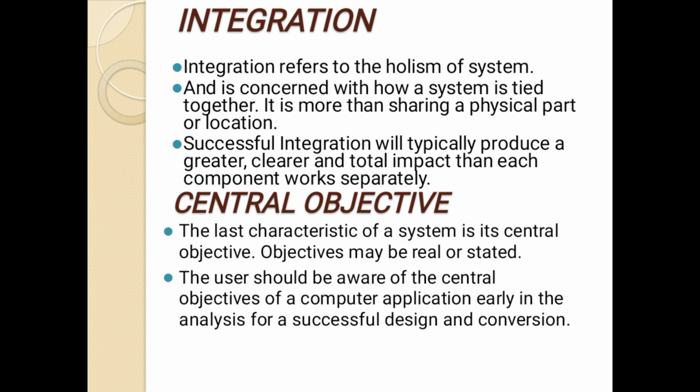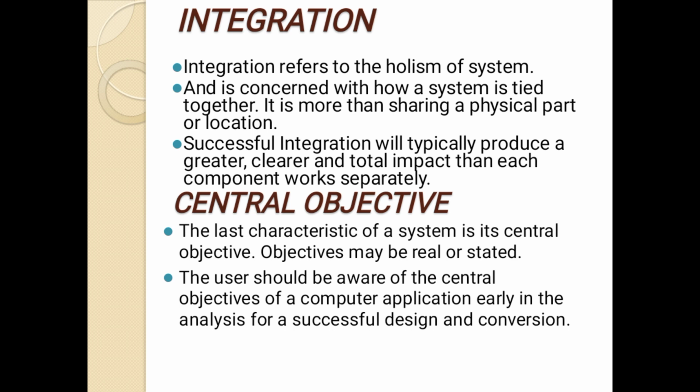Next topic is central objectives. The last characteristic of a system is its central objectives. Objectives may be real or stated. Although stated objectives may be the real objectives, it is not uncommon for an organization to state one objective and operate to achieve another.